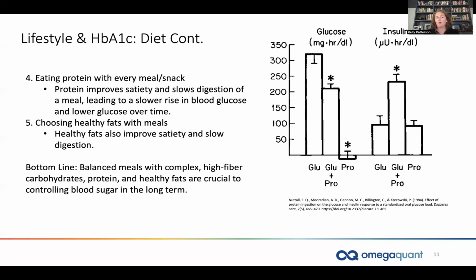That's going to keep me fuller and keep me away from really big spikes in blood sugar. Bottom line, we want to try to have balanced meals with complex, high fiber carbohydrates, protein, and healthy fats. They are really crucial for controlling your blood sugar long term.